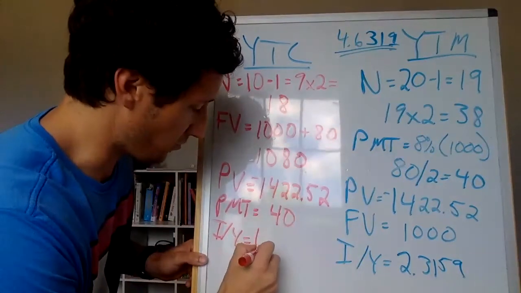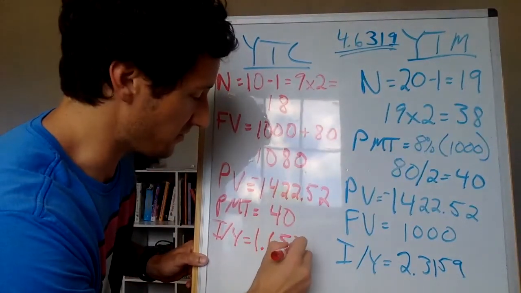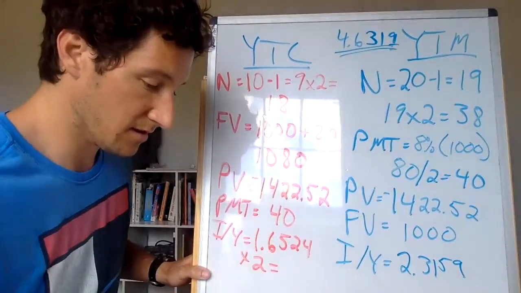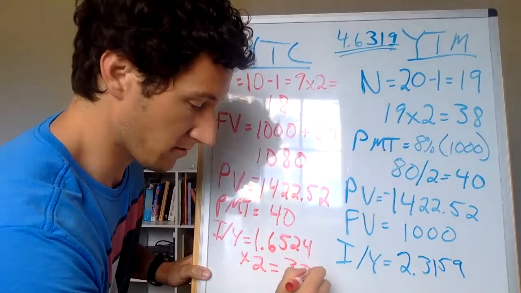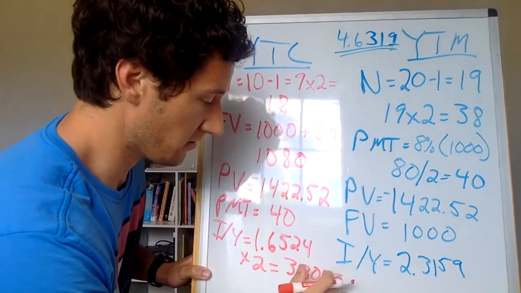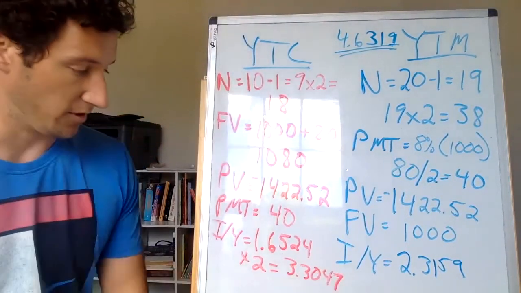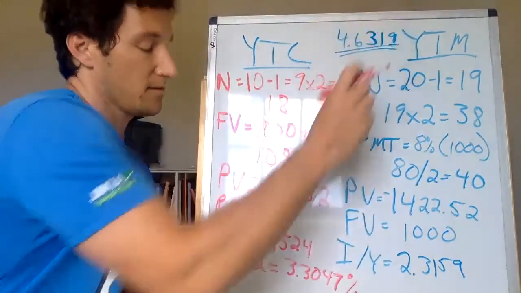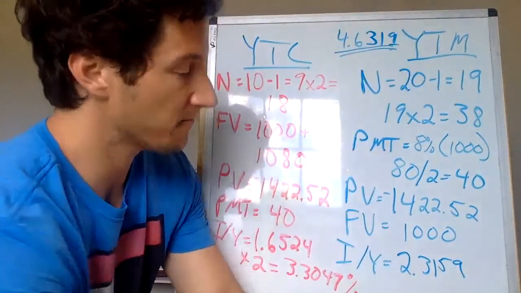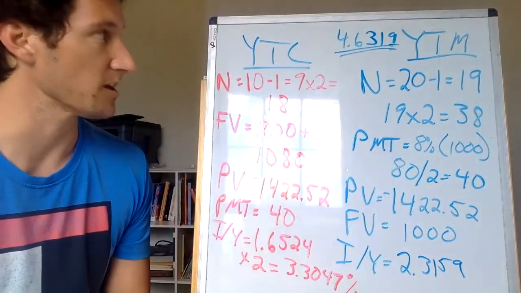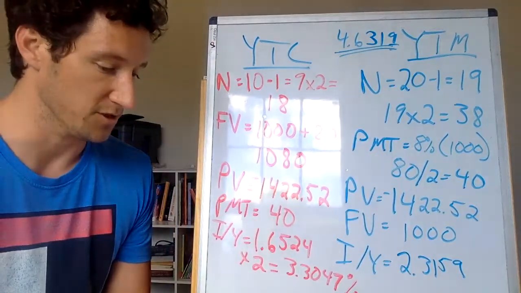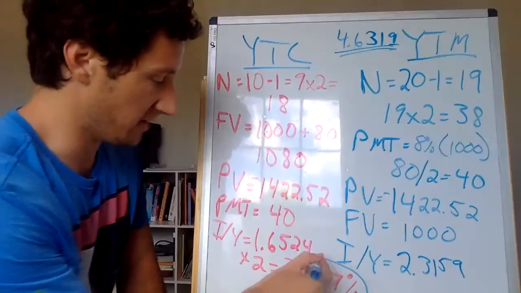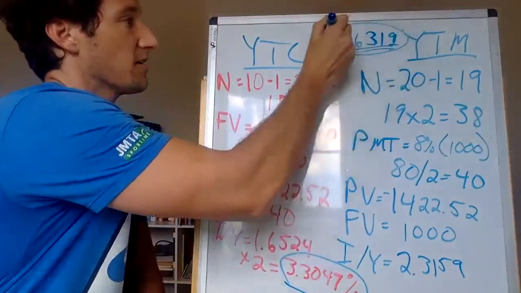I got 1.6524 times 2, 3.3047%. All right, versus the 4.6319% on yield to maturity. Okay, so that's your answer. These two are your answers. That's yield to call, that's yield to maturity.